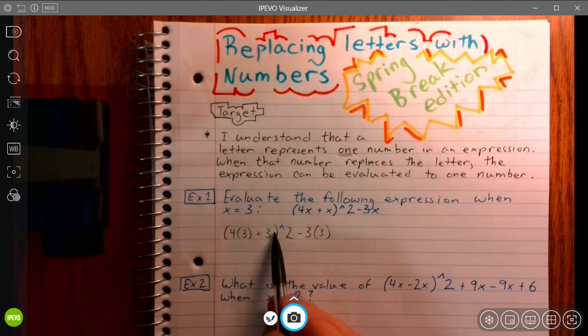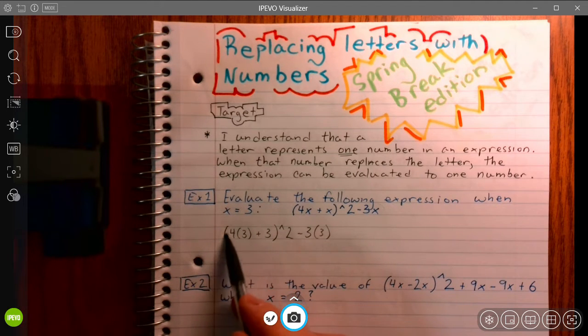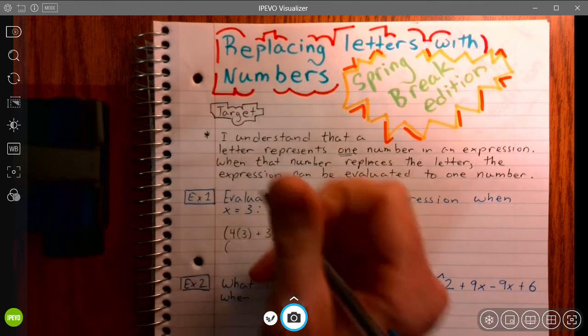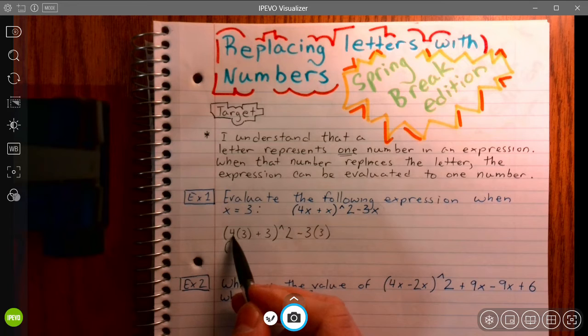Within those parentheses, are there more parentheses? Yes. Within those, are there exponents? No. Is there multiplication? Sure is. Remember, two numbers separated by just parentheses, like we have right here, that implies multiplication.